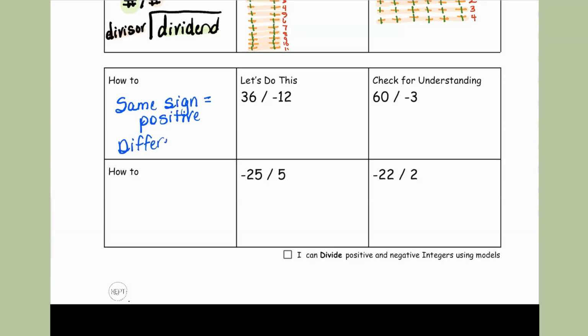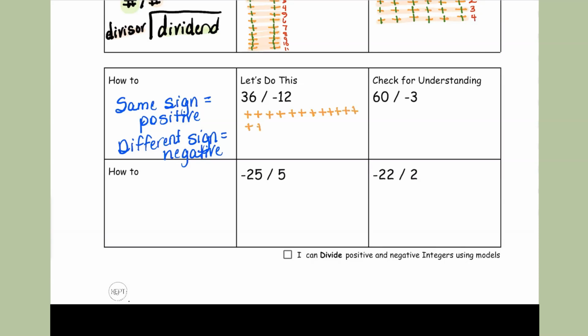If you are dividing with the same sign, so for example, a positive divided by a positive, that's going to give you a positive answer. If you have a negative divided by a negative, that's also going to give you a positive answer because those signs are the same. If you're working with different signs, for example, one is positive and one is negative, then you will always get a negative answer.